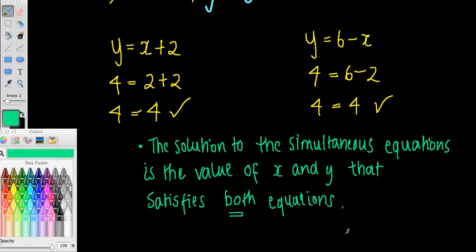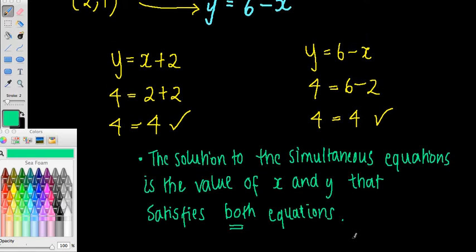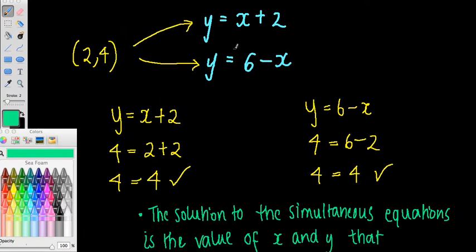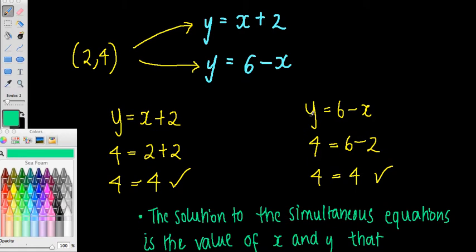And yes, we do this algebraically, which, like I said, in the next video I'll show you how we generally do that. There are a couple of different methods because, of course, we can get our equations in different forms. So it is ideal to have a couple of different methods up our sleeves to work with our simultaneous equations. So just to work on this concept, that solution of the simultaneous equations, that point of intersection, must satisfy both of these equations.